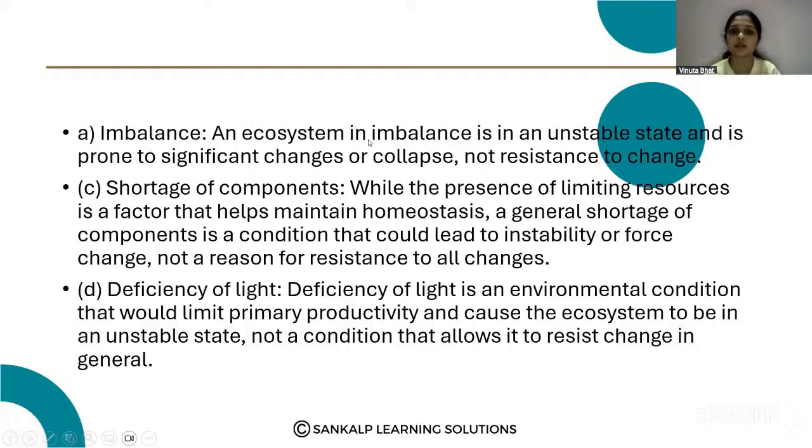An ecosystem in imbalance is in an unstable state and prone to significant changes or collapse, not resistance to change. A shortage of components is a condition that could lead to instability or force change, not a reason for resistance to change.